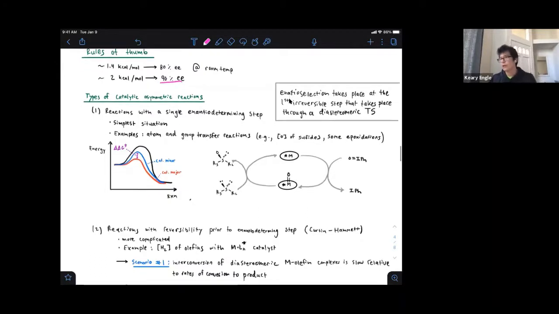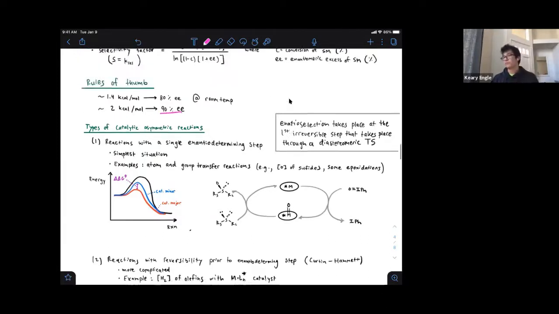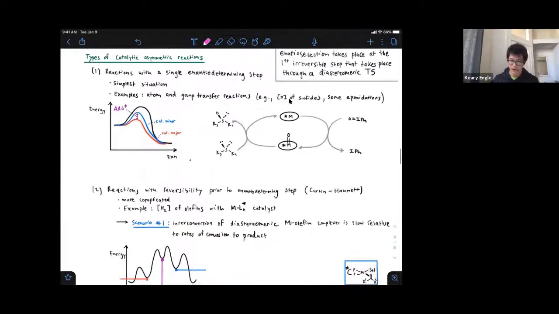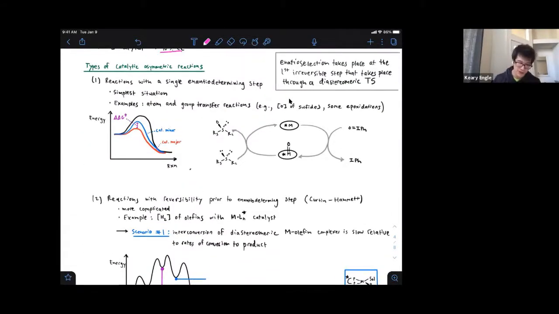So let's consider a couple different case studies of what the energy landscape can look like for different types of enantioselective reactions. We'll consider the very simplest case first, which looks like just the energy diagram of any catalytic reaction, essentially.